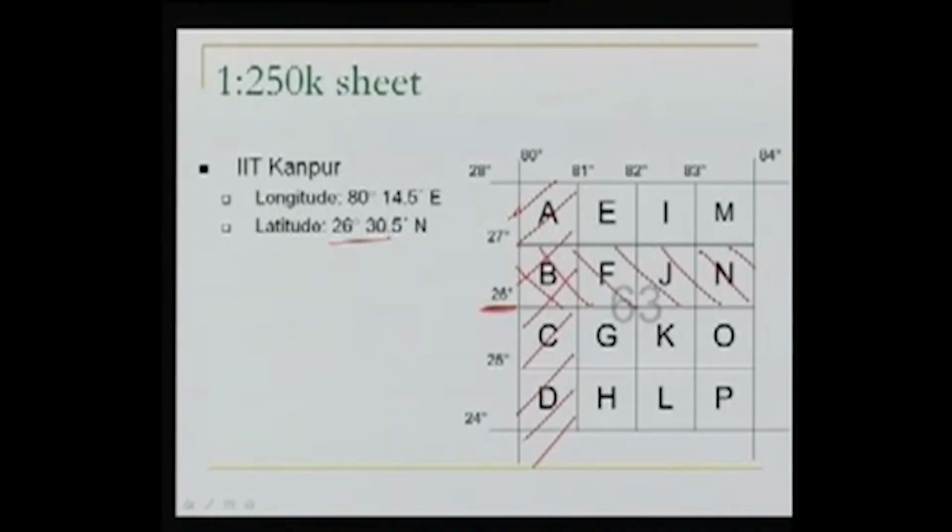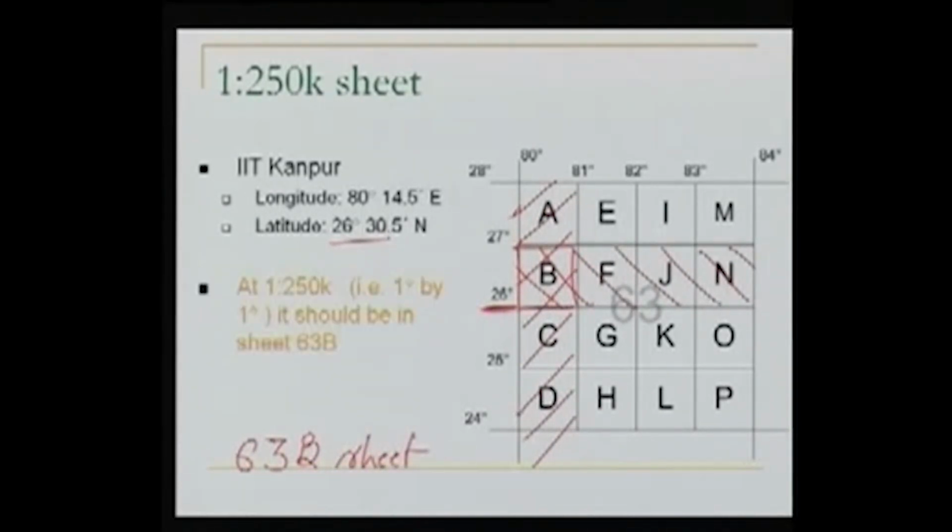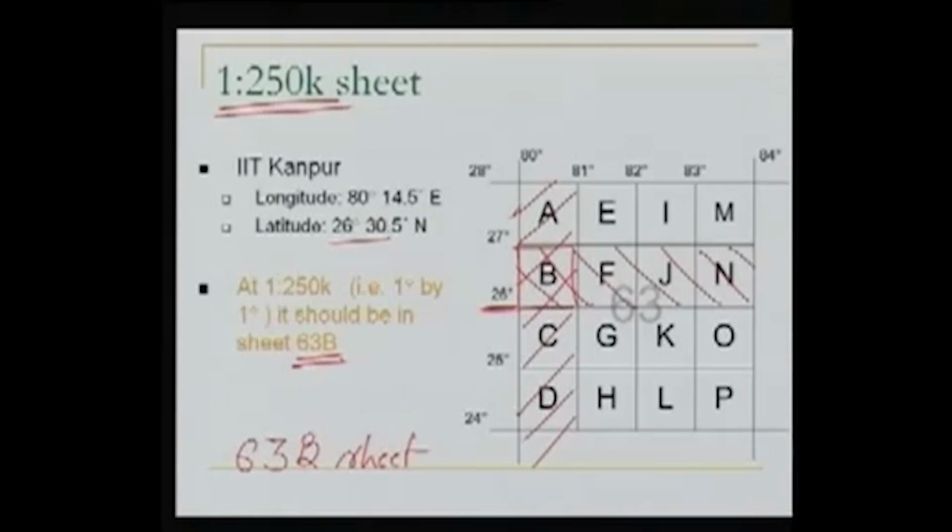So what we find from here is our area of interest is in 63B sheet. If you are going to procure a map at 1:250,000 for the area where IIT Kanpur is, we will say that we need a sheet of number 63B, and the extent of this sheet is 1 degree by 1 degree.